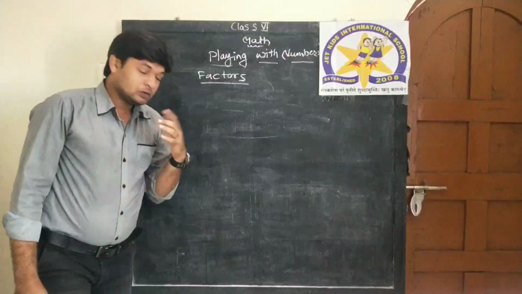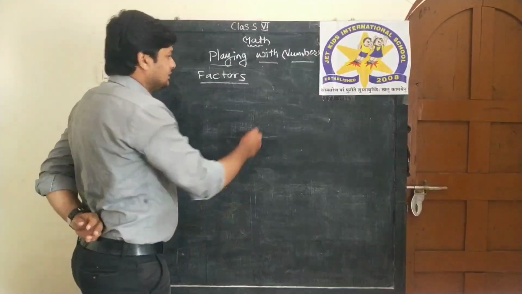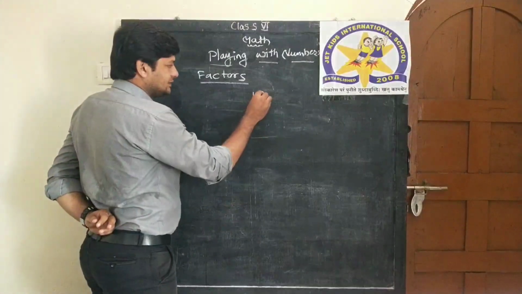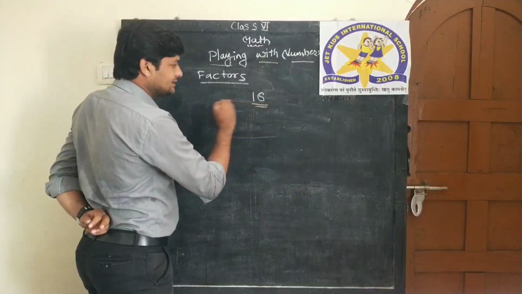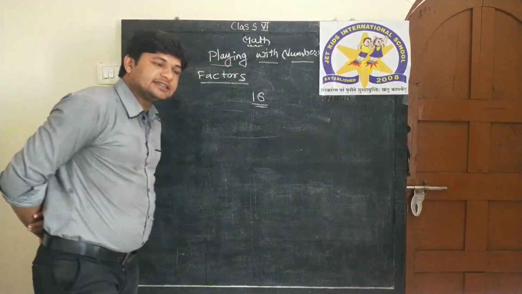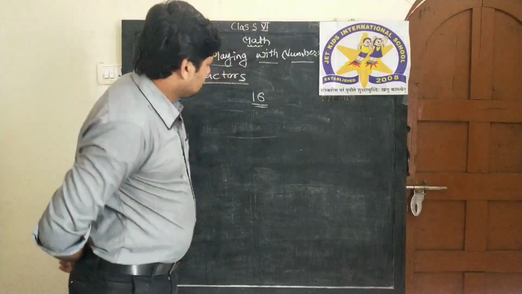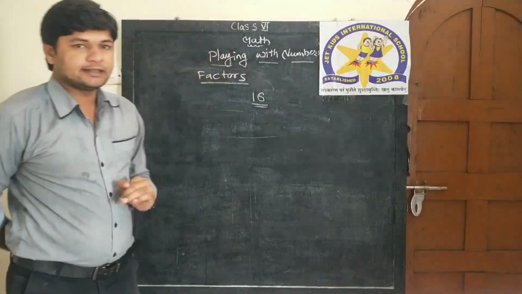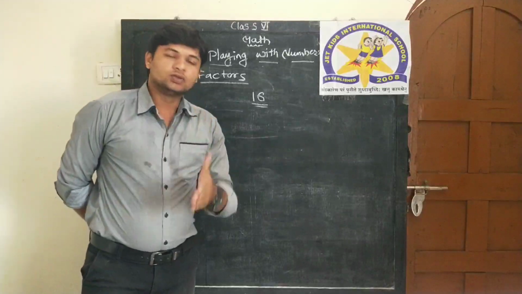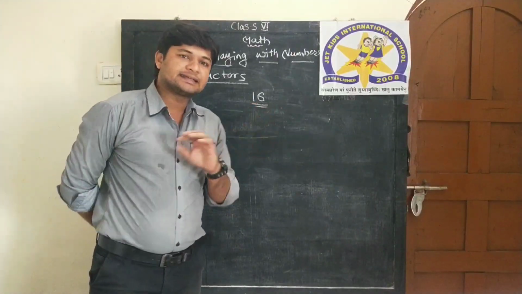What is meant by a factor? Suppose I am taking the number 16. If we want to find the factors of 16, what is meant by a factor actually? Factors are those numbers which can divide the given number exactly.